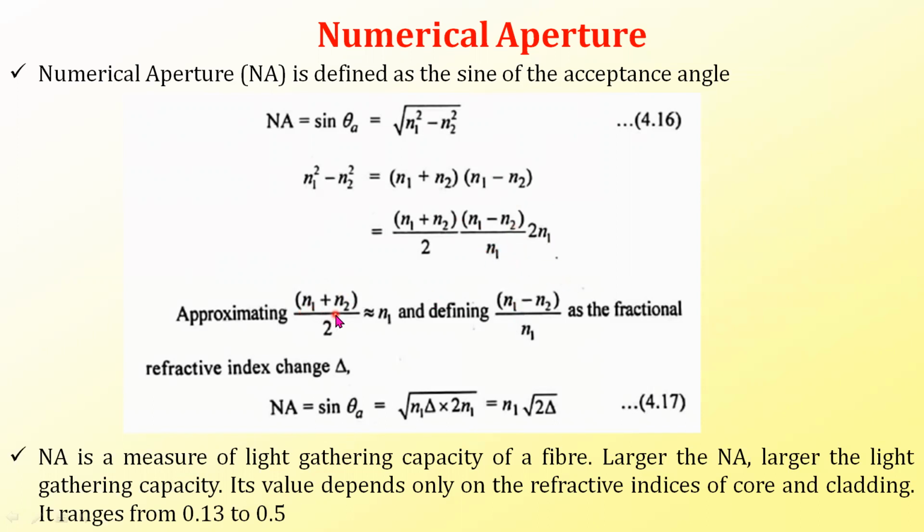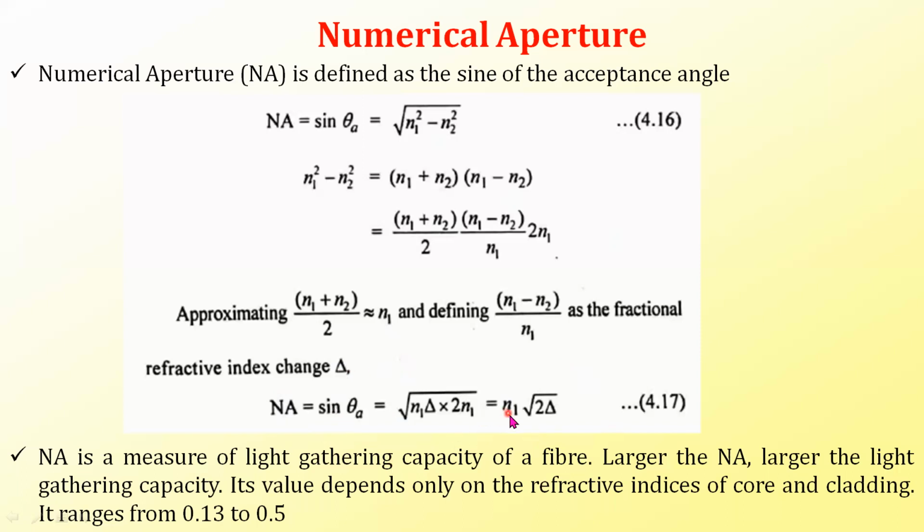So n1 plus n2 by 2 can be approximately written as n1. And if we define n1 minus n2 by n1 as the fractional refractive index change delta, then this NA, numerical aperture, can be written as root of n1 into delta into 2 n1, that is n1 into root of 2 delta. And this is an important equation which can be used to solve many of the problems.